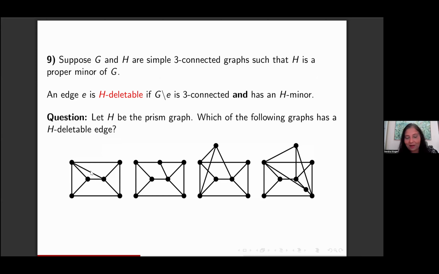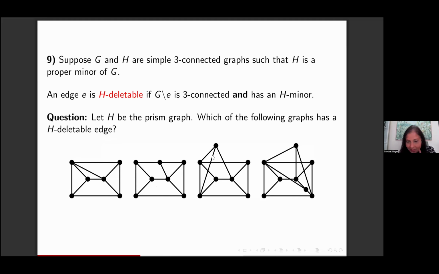So the first one, does it have a prism-deletable edge? Yeah, if you throw this out, you have the prism. Does this have a prism-deletable edge? No. If you throw out any one of these edges, you lose 3-connectivity. This one's minimally 3-connected.